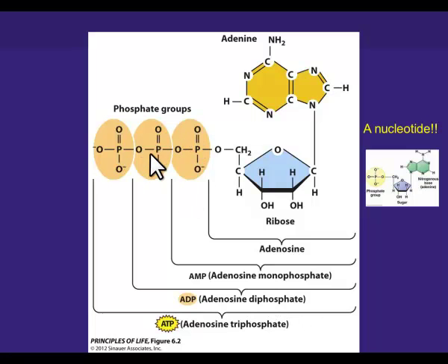And when the second phosphate group is lost and there's only one remaining, the molecule is referred to as AMP. AMP is actually an important messenger in cells. If you take a cell biology class, you'll learn about that. It's really beyond the scope of this class. But suffice it to say that cells are extremely efficient and do use molecules for very many purposes.